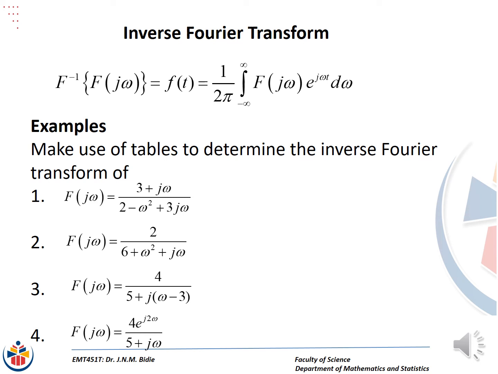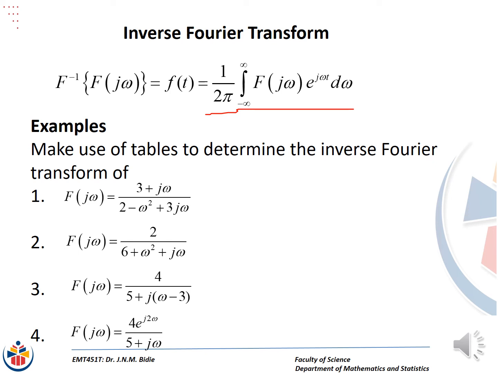We start with the recognition that we had pointed out, that we can go backwards from the Fourier transform, that means from the frequency domain back to the time domain.